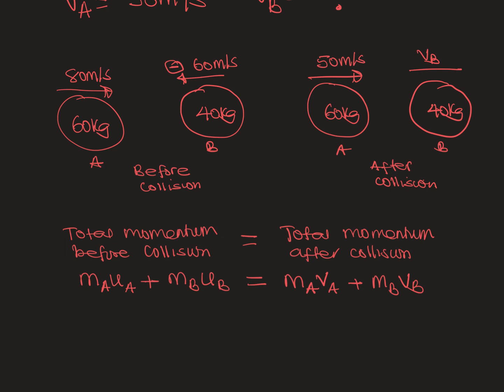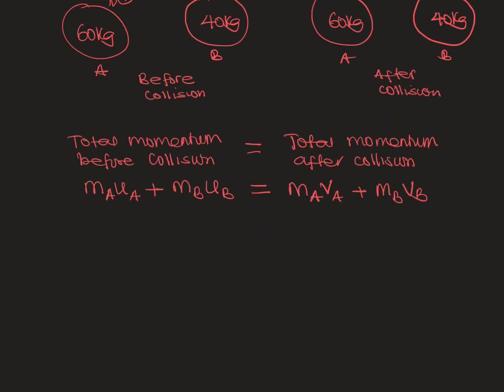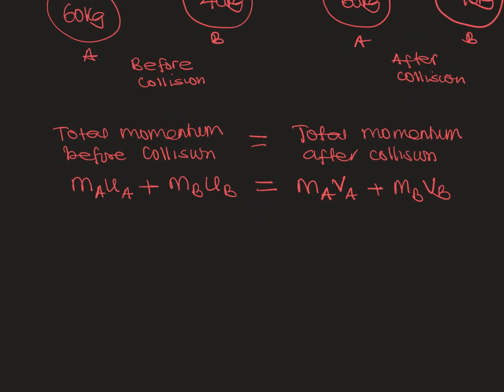The direction for body A, because it's moving towards the right, is positive, and its final velocity is also going to be positive because it has maintained its direction. So we're going to use these sign notations. They are very important.